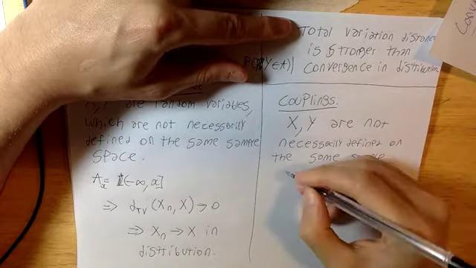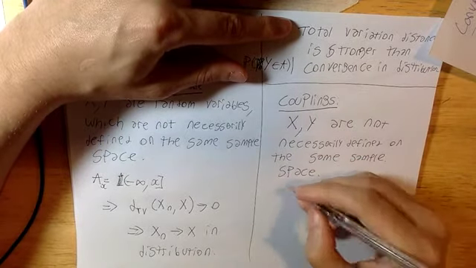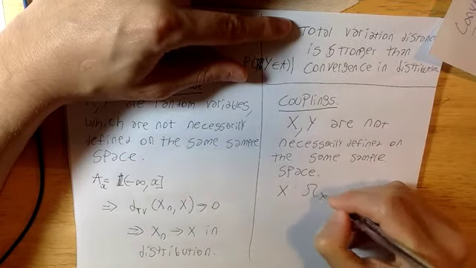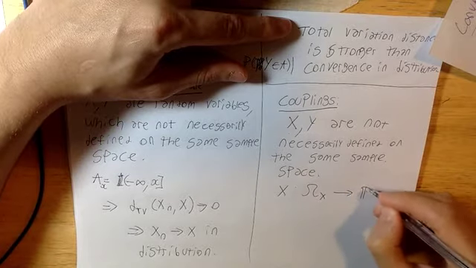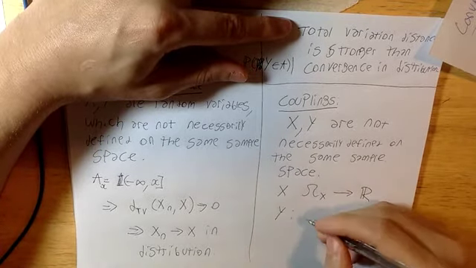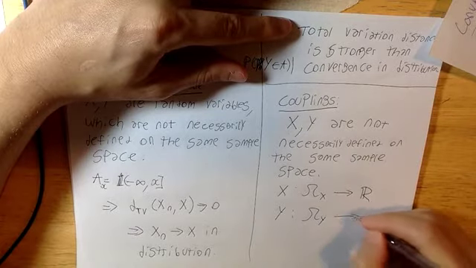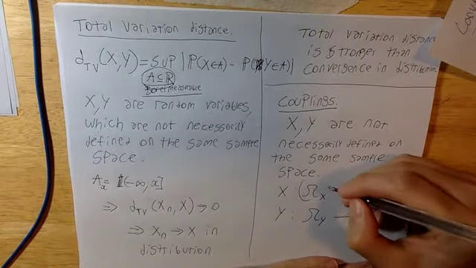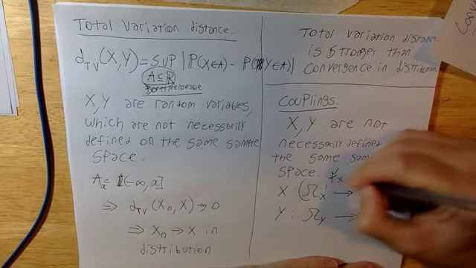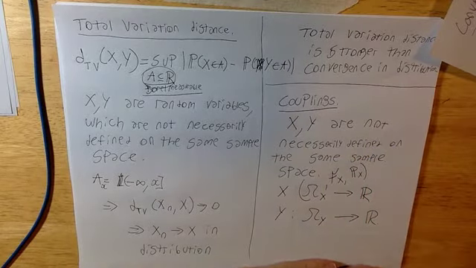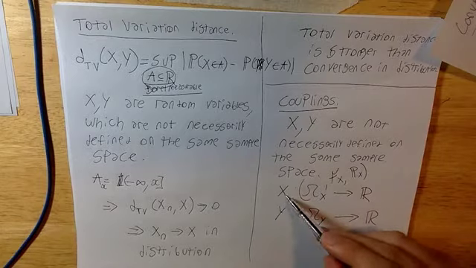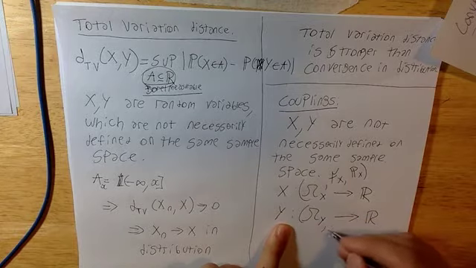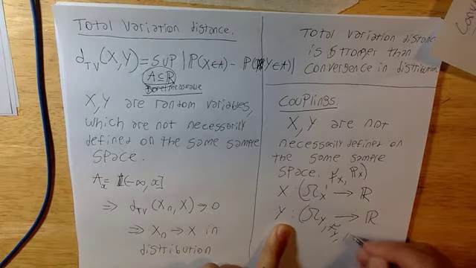Okay, so I'm repeating this because it's fairly important. So the idea is that X is going from, let's call it omega X, to R, and Y is going from omega Y onto R. Okay, and so here I'm saying omega X, but here I should mean omega X, FX, PX. So that's saying that I have a probability triple that is associated with X, in which X is measurable, and I have Y, which is associated with another probability triple.